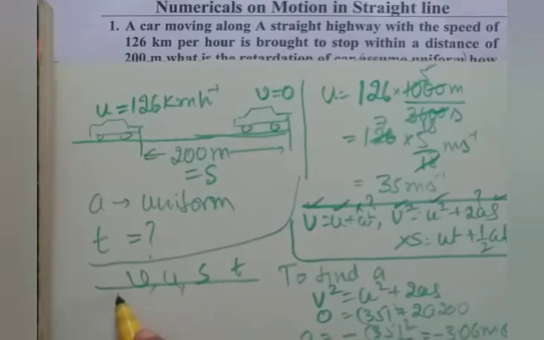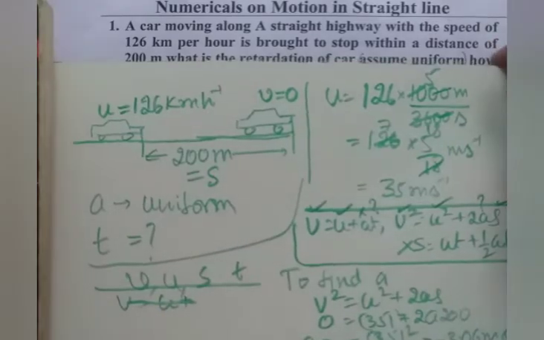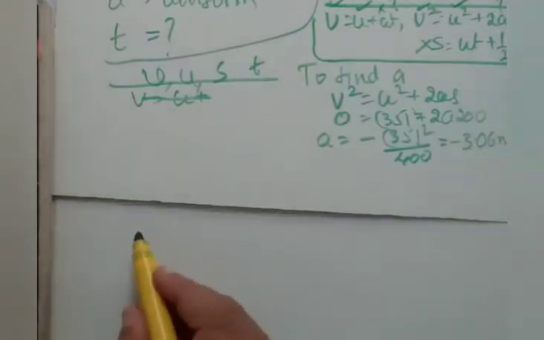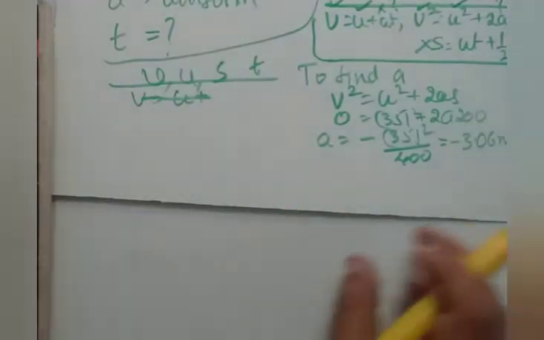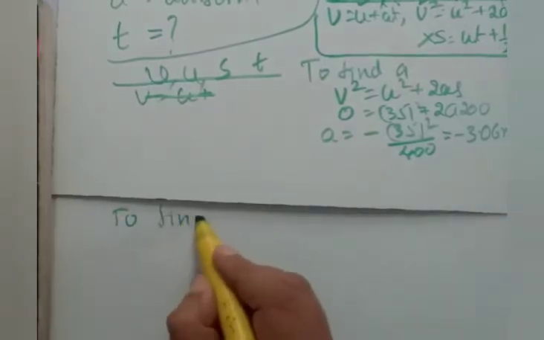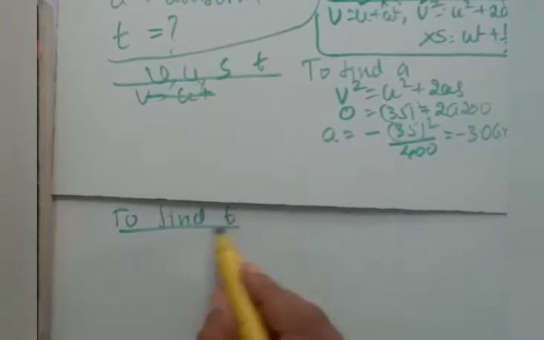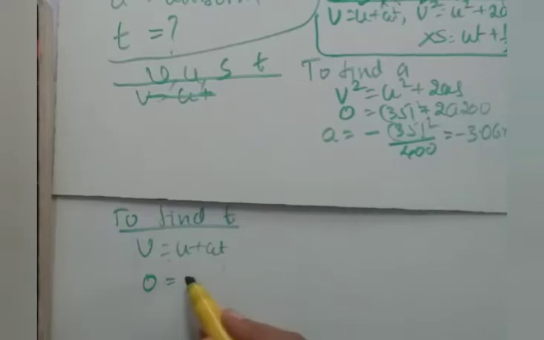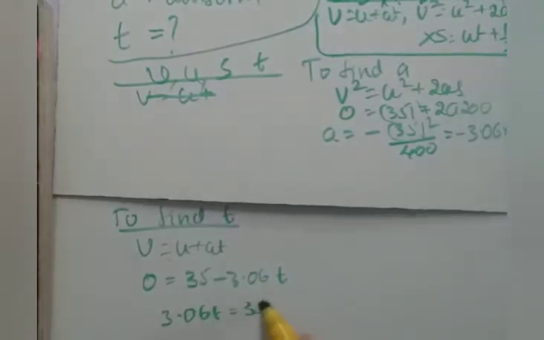So once we know A, we can substitute for V equals U plus AT to get T. I write that in the next board. Observe carefully. Now, to find T, we use V equals U plus AT. V is 0, U is 35, minus 3.06 into T. So 3.06 T equals 35.